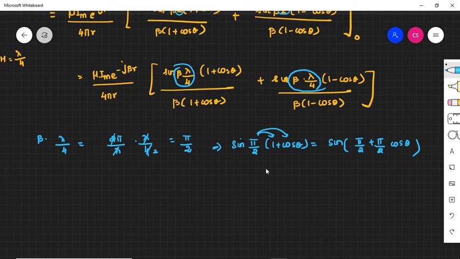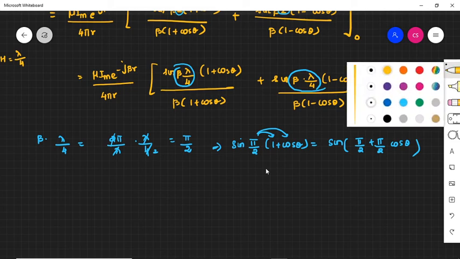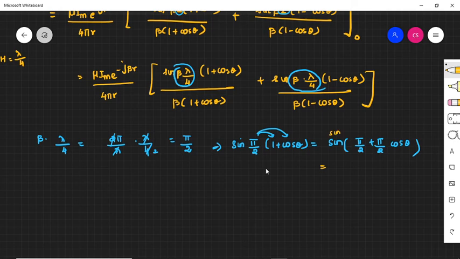So, this is again of what form? This is sin of 90 plus theta form, and this is nothing but equal to cos theta, right? So, cos of this theta value. So, I can replace this term and this term as cos of pi by 2 into cos theta. So, this is going to be written as mu im e power minus j beta r divided by 4 pi r.